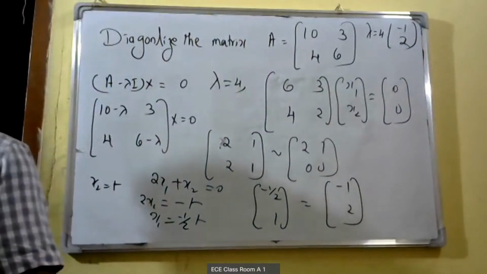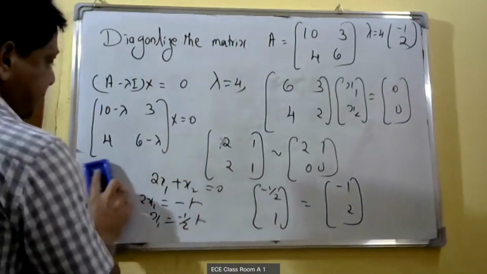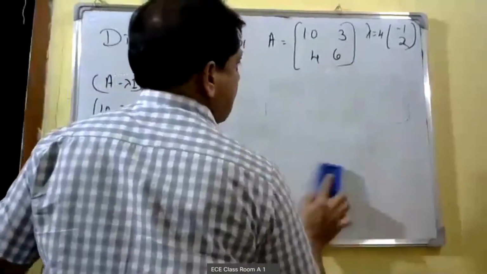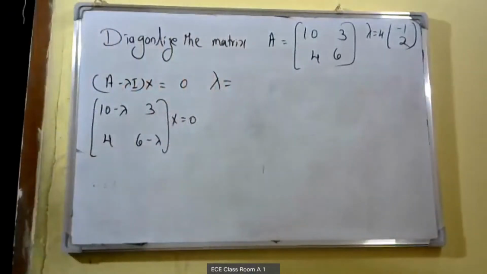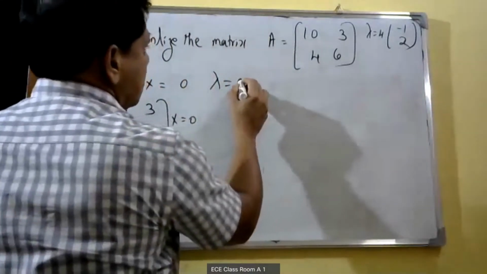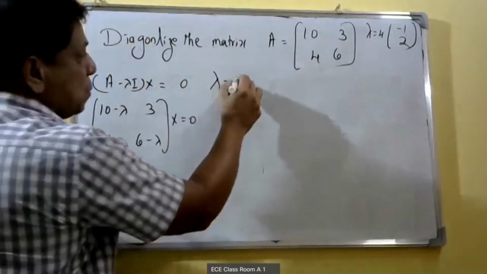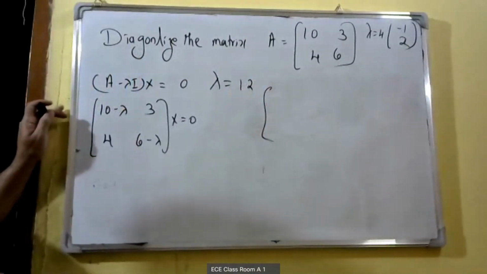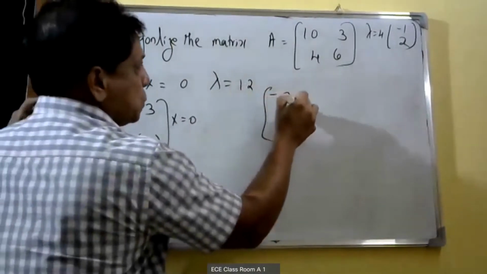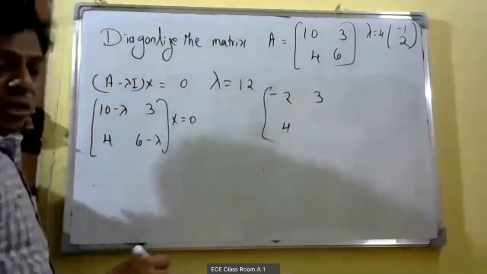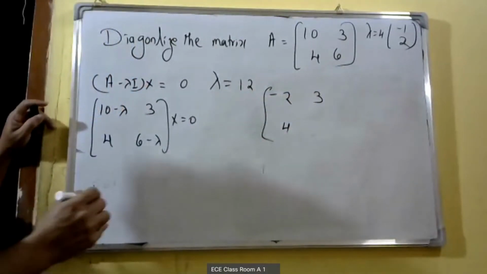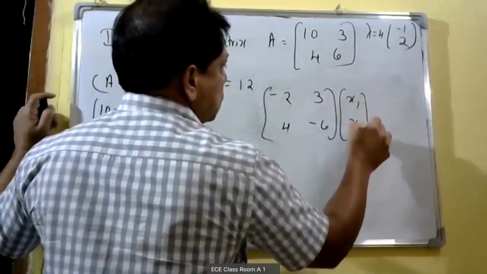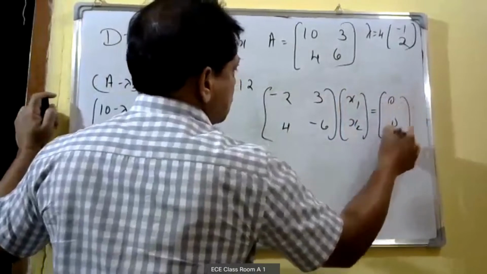Next, we have to find the next eigenvector. Lambda is equal to 12. Therefore, 10 minus 12 is minus 2, and 6 minus 12 is minus 6: [minus 2, 3; 4, minus 6] [x1; x2] = [0; 0].